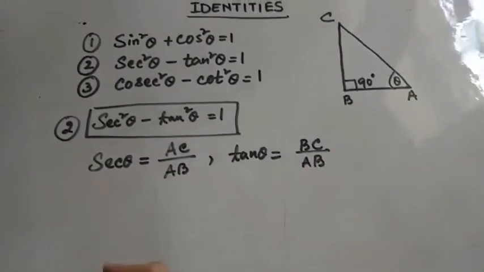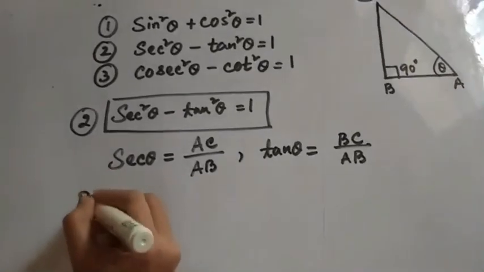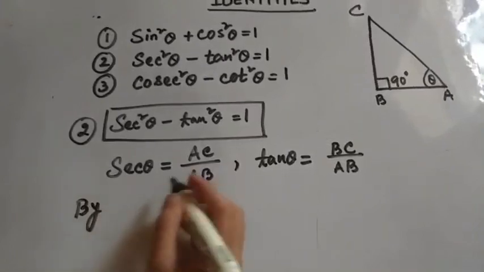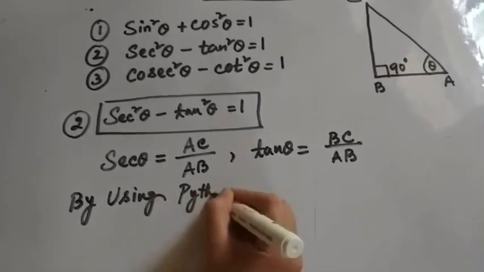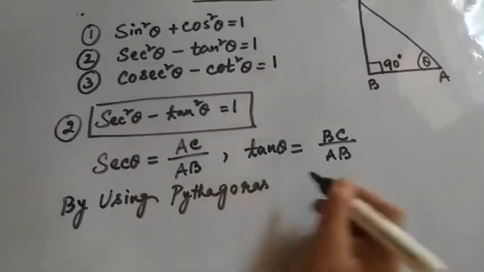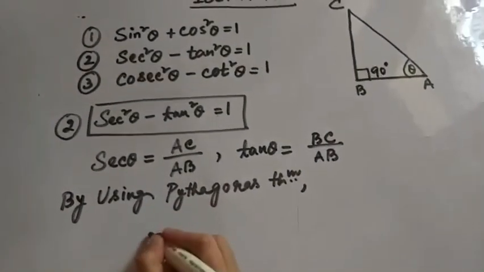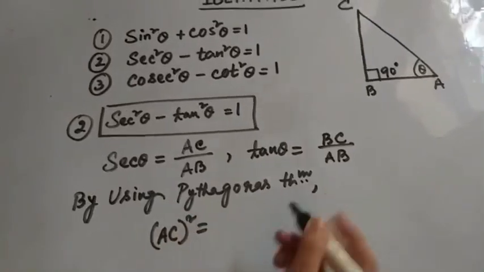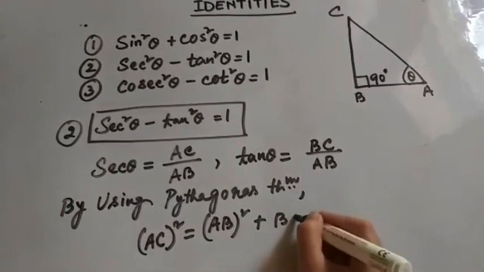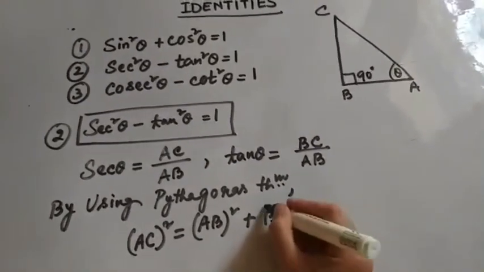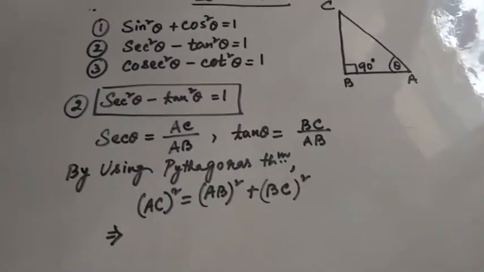So again we will use the Pythagoras theorem. By using the Pythagoras theorem, we can say that AC square equals AB square plus BC square. Now I had already told you the trick.